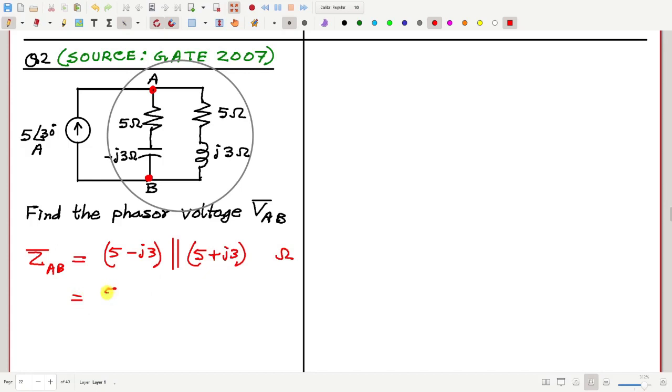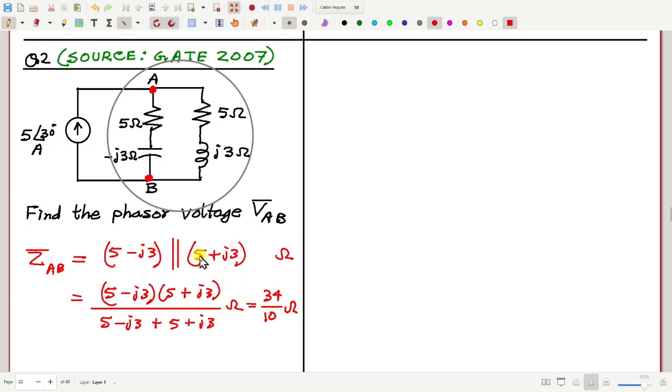So how much will that be? 5 minus J3 into 5 plus J3, product of the two divided by the sum of the two. 3.4, sir. Yes, the numerator will be 34 by 10, absolutely.